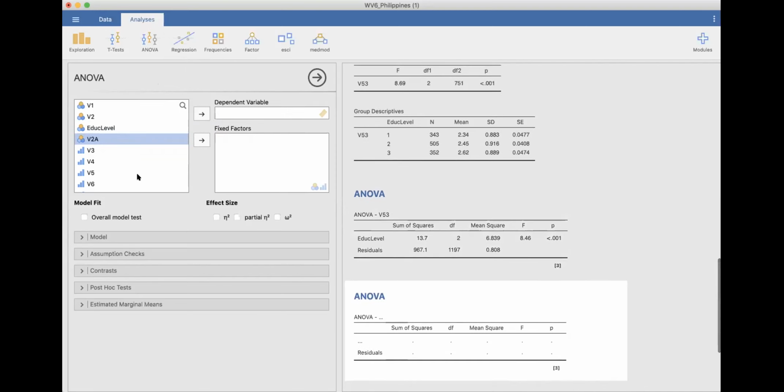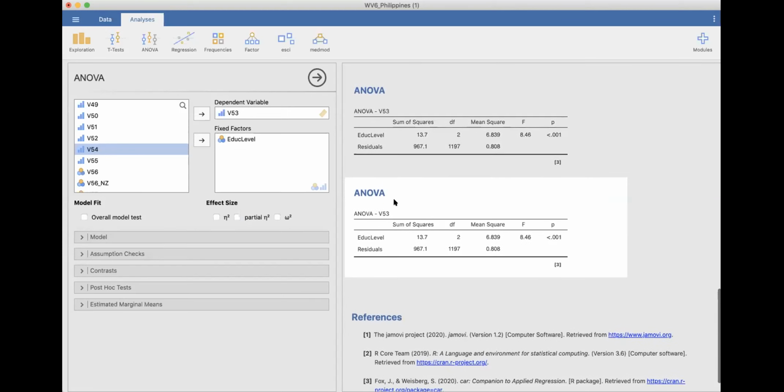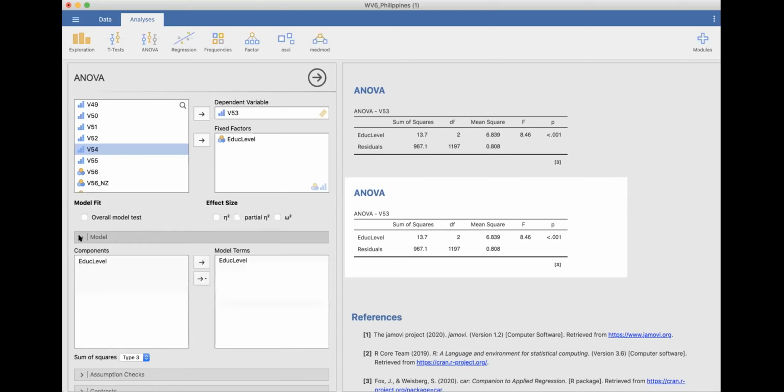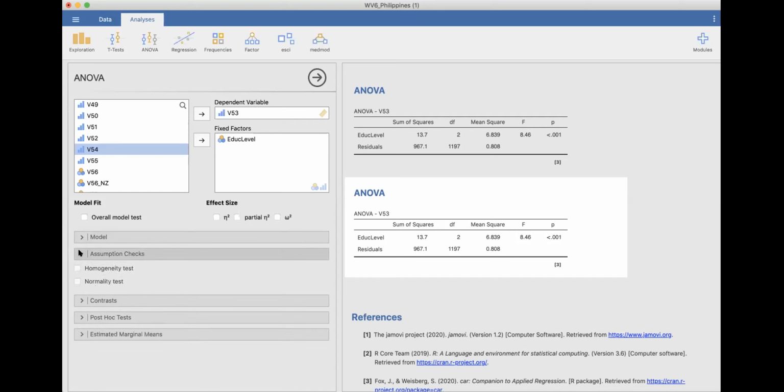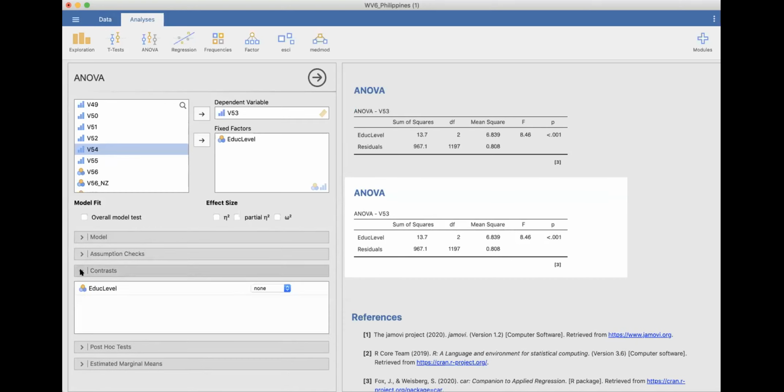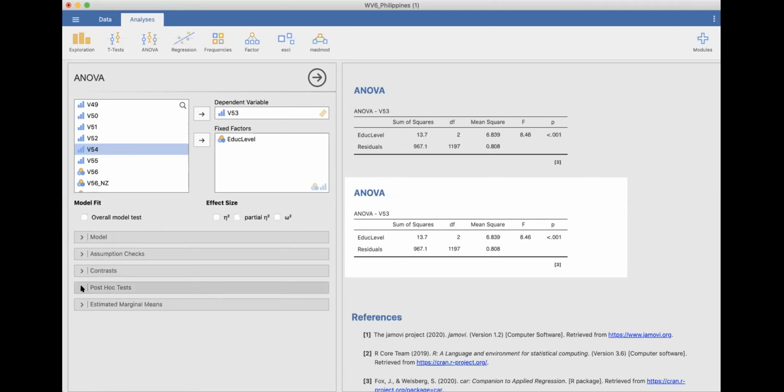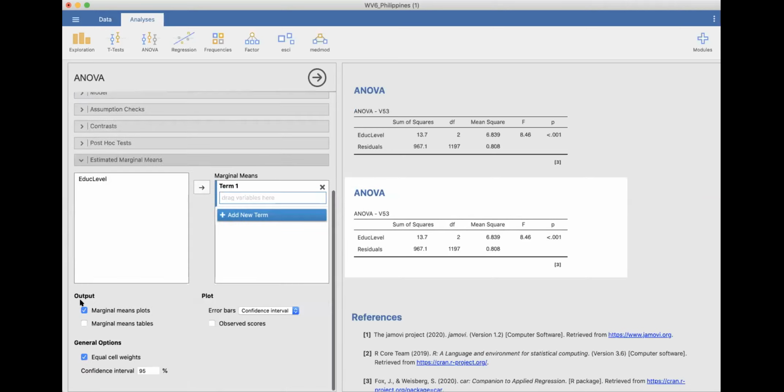Okay, so did you get the same? Are you also getting the same output as you see on the screen? Let's stay with this first. Ma'am, are residuals also the within, right? Sorry? Because ma'am, for the residuals, it's education level and then residual.